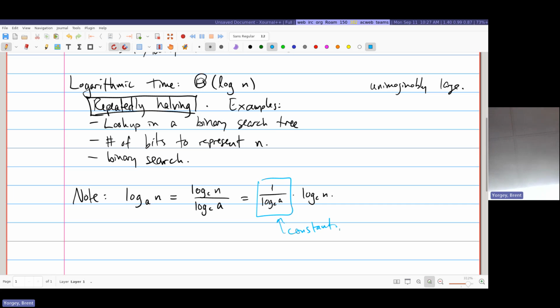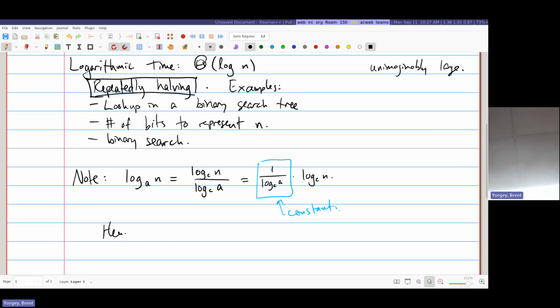And when we're talking about big O, big theta, whatever, we don't care about constants. So from the point of view of big O, big theta, big omega, the base of the log doesn't matter. All that matters is it's a log. Hence, the base of the log does not matter for big O, etc.